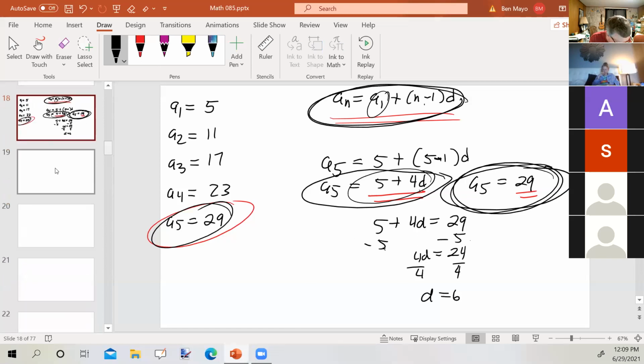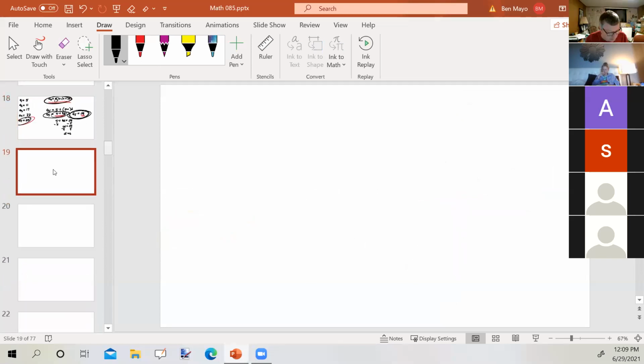All right. Another example. Write the first 5 terms of the arithmetic sequence with the following properties: a sub 1, a sub 2, a sub 3, a sub 4, a sub 5.